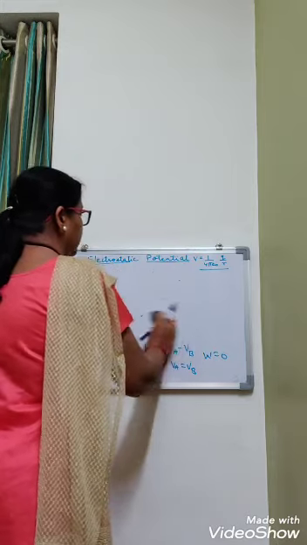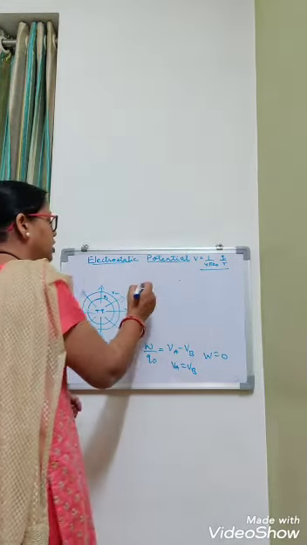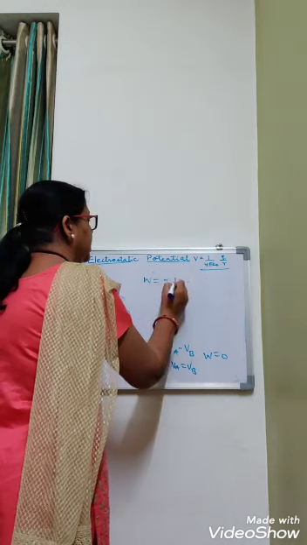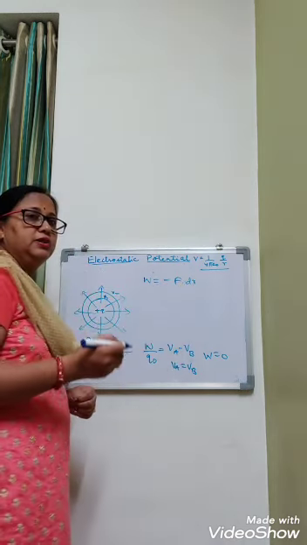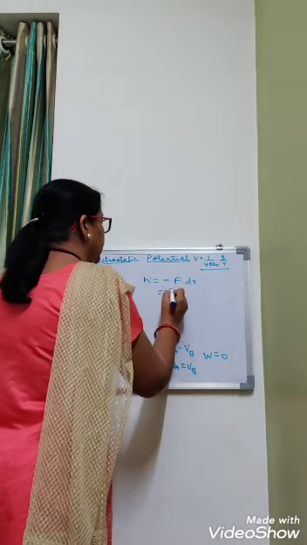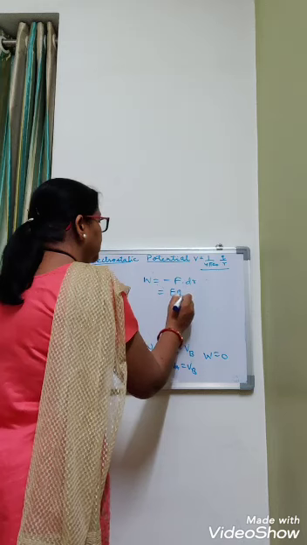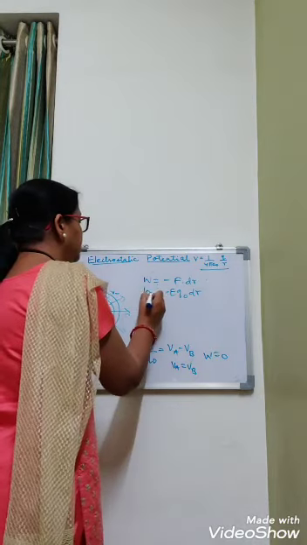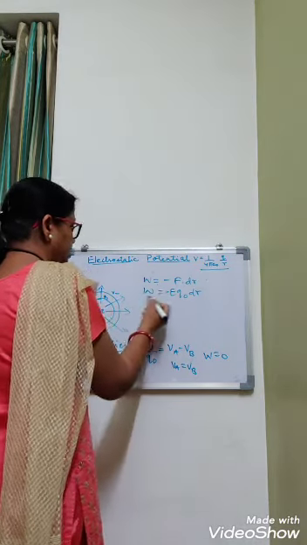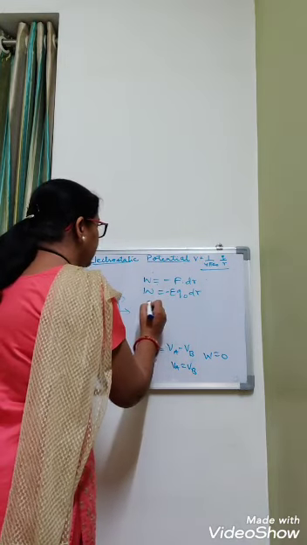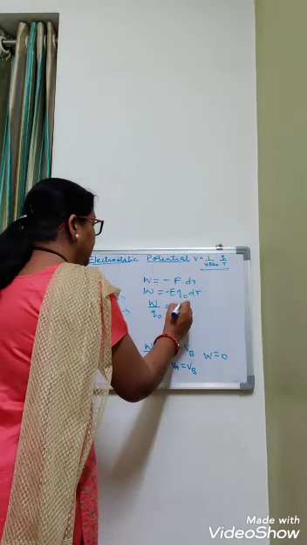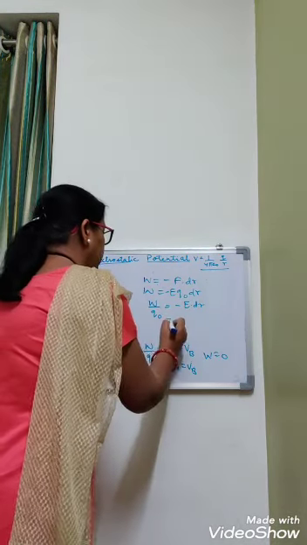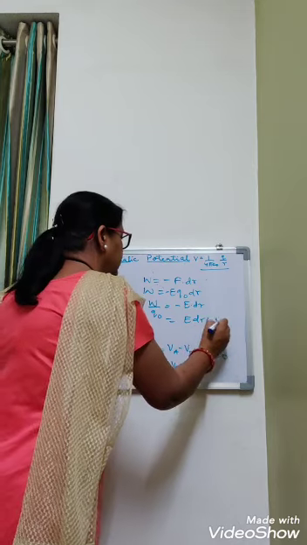Since we found the formula with the help of work done, W is equal to minus F dot dr, and we can write F is equal to Q naught into E. So dW is equal to minus Q naught E dot dr, and after integration, W upon Q naught is equal to minus E dot dr, which can be written as E dr cos theta.